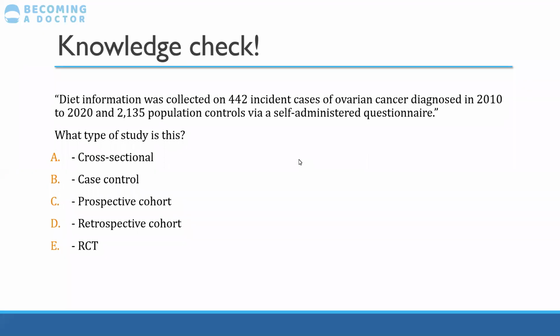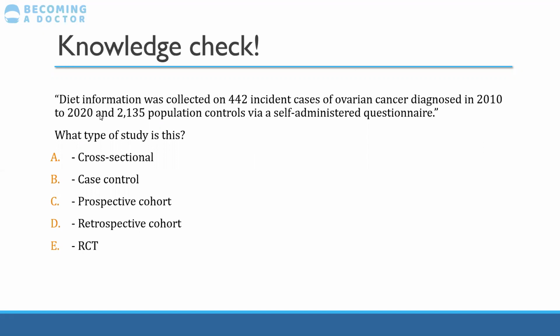Because we're taking a population and looking back retrospectively in time, this is an example of a retrospective cohort study. So this is an example of a case control study.